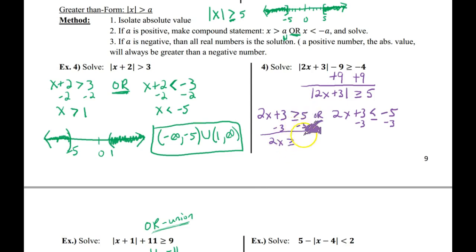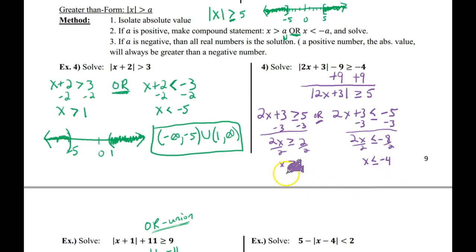I have 5 minus 3 is 2. And over here I have negative 5 minus 3 is negative 8. And when I divide by 2, 2 divided by 2 is 1. Over here, negative 8 divided by 2 is negative 4.